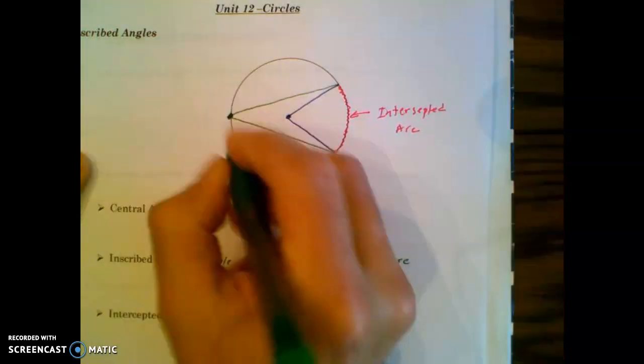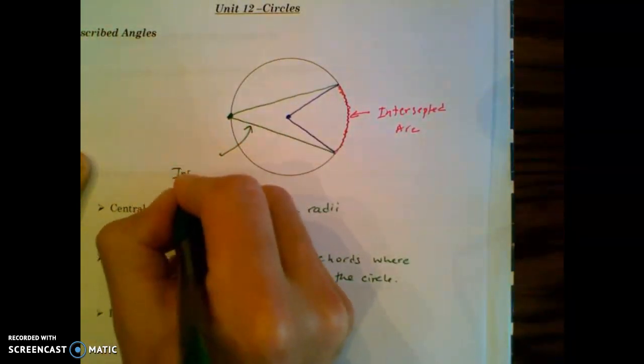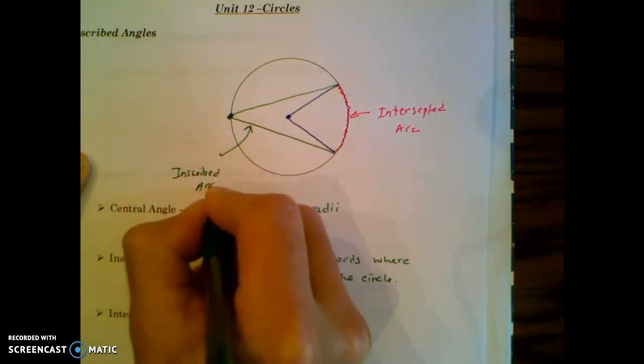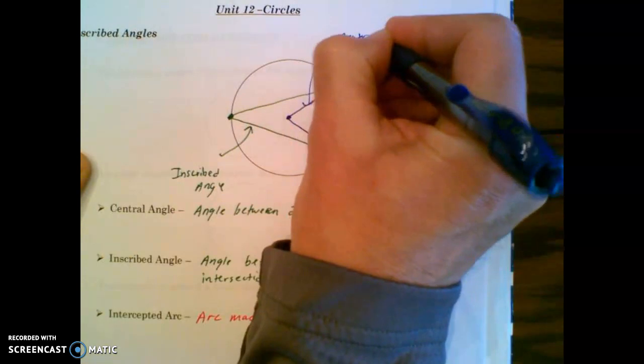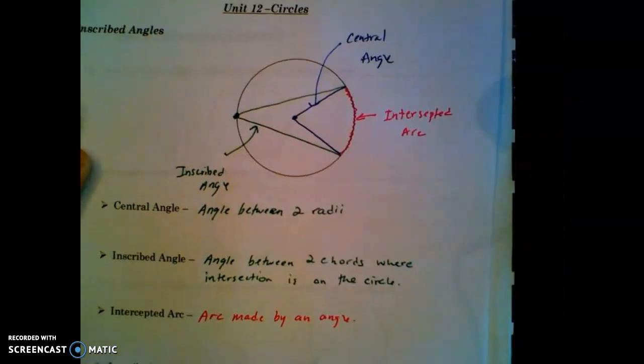So again, the green one is your inscribed angle. The blue is your central angle. And then that is the intercepted arc made by both of them.